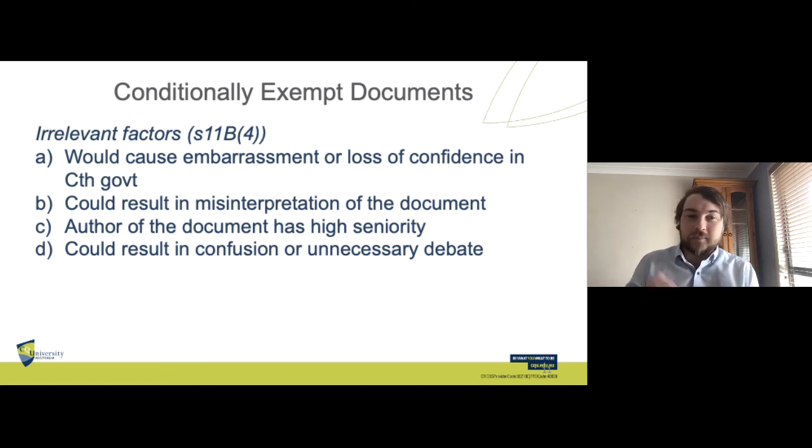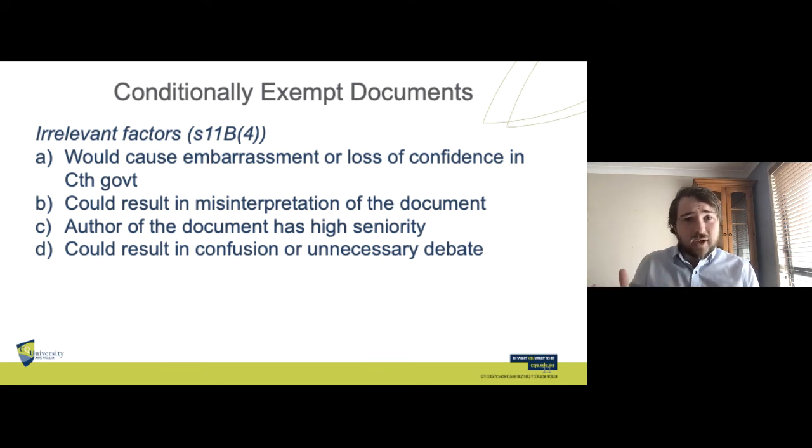And so the government can't deny access to a document just because it would cause embarrassment or loss of confidence in the Commonwealth government. So, we know we made a mistake, so we don't want you to see that mistake. Not a good enough reason. A concern that it could be misinterpreted, also not a relevant factor.